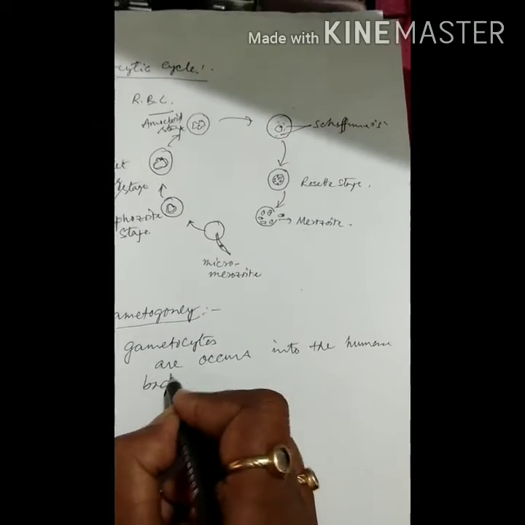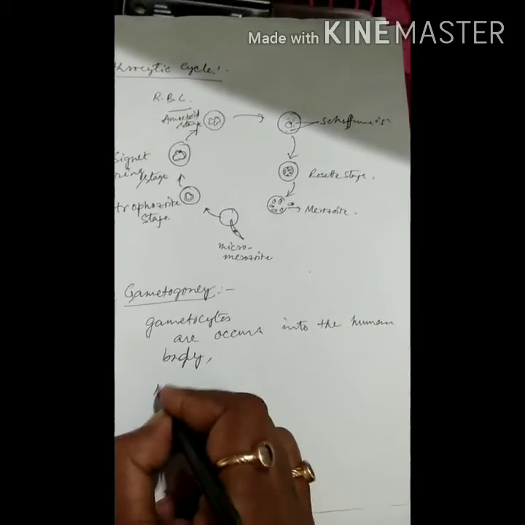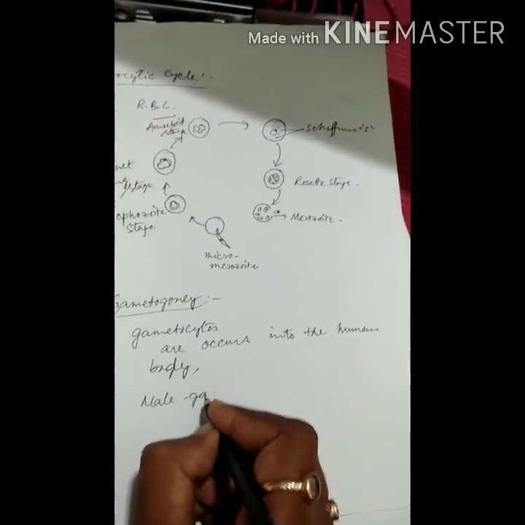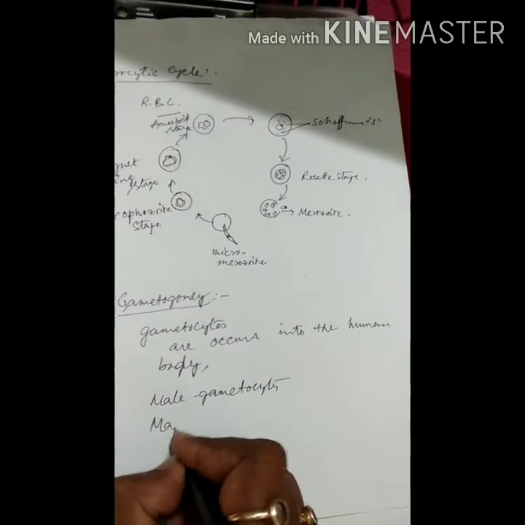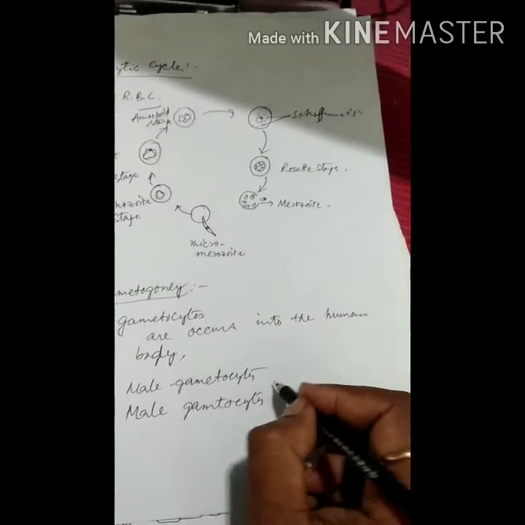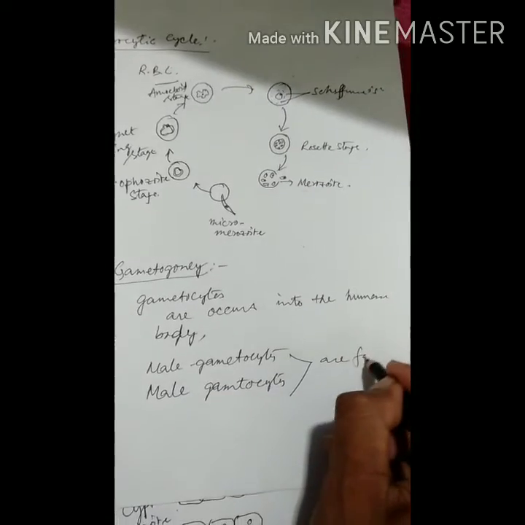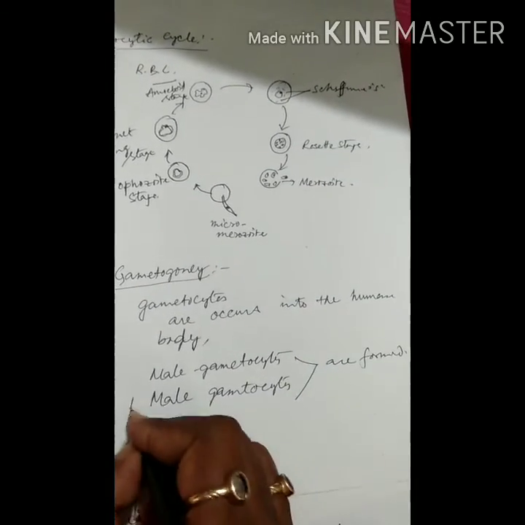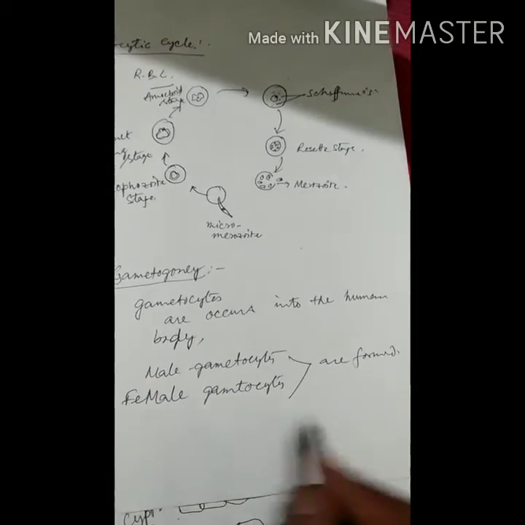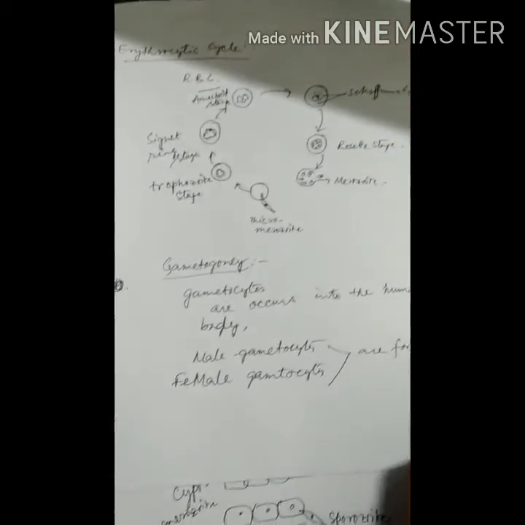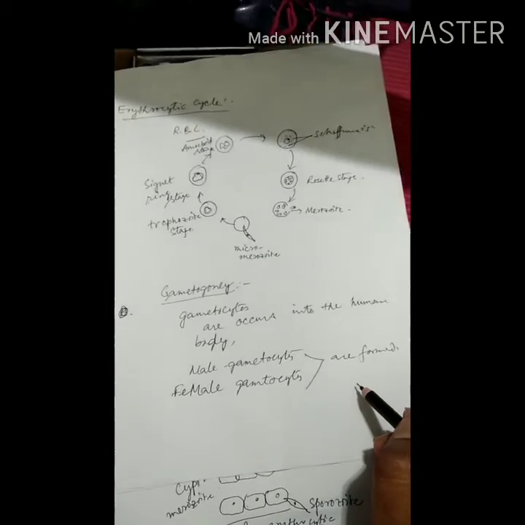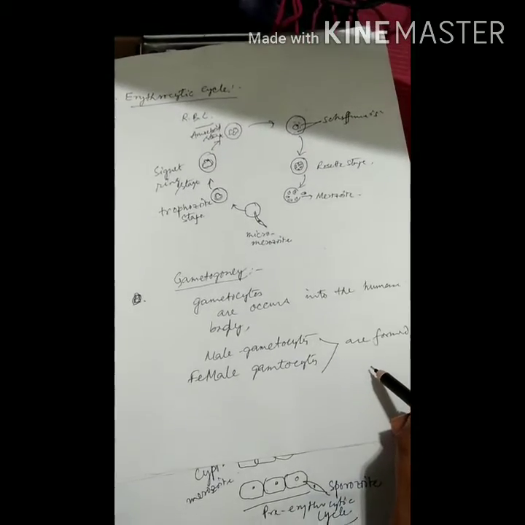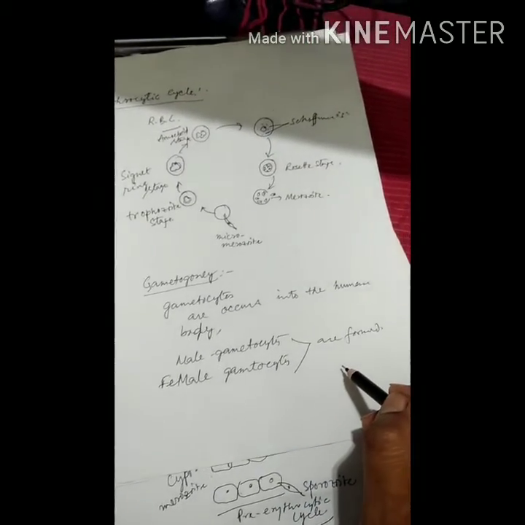Here male gametocytes and female gametocytes are formed. The male and female gametocytes fuse and produce the zygote.